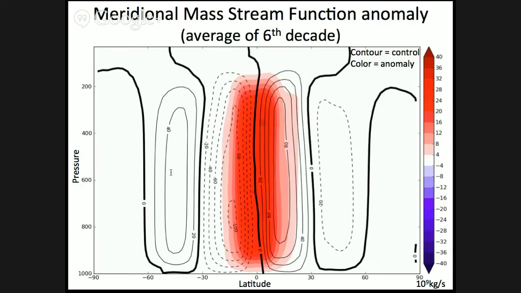So this is the Hadley circulation in the tropics, and the anomaly is basically around the equator, and it's positive, which means that there's an extension of the northern branch of the Hadley circulation to the south, and the squeezing of the southern branch of the Hadley circulation too. So this indicates that the center of the Hadley circulation is shifted southward.